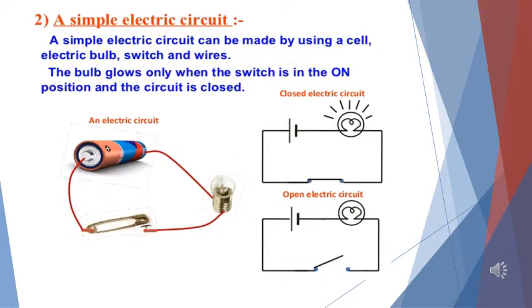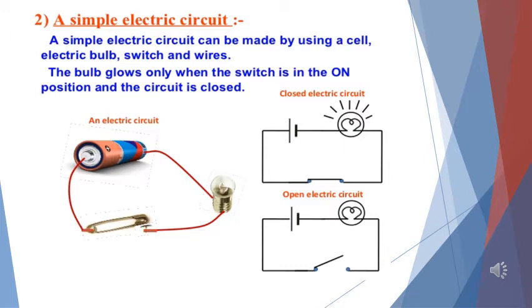If we look at a simple electric circuit, then it can be made using a cell, an electric bulb, switch and wires. The bulb glows only when the switch is on and the circuit is closed because we need to understand that the current cannot travel through air. So if we were to represent this circuit with the help of symbols, then we will do that as shown in the diagram where the closed circuit has the switch on.